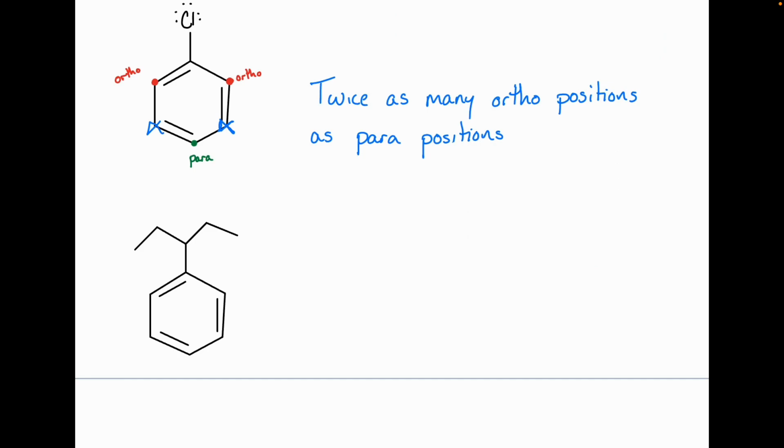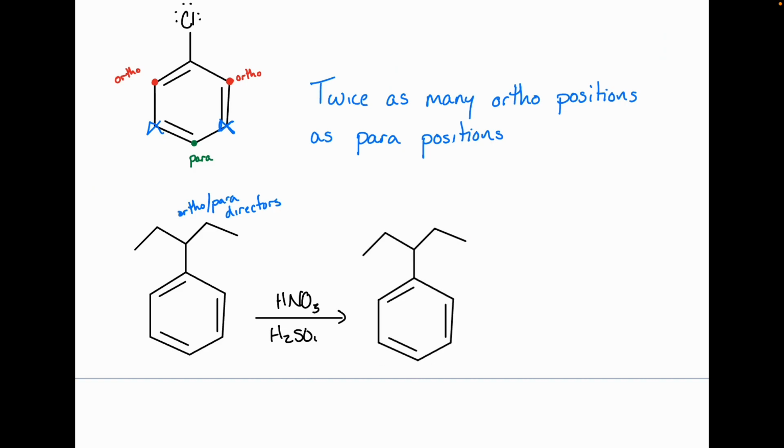I know there's no lone pairs on them, but you're just going to trust me that these alkyl groups are ortho-para directors. So if we do our nitration reaction, we're going to have 2 different products, one in the ortho position, one in the para position.